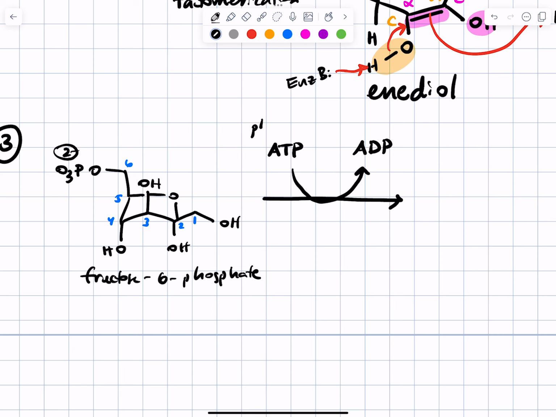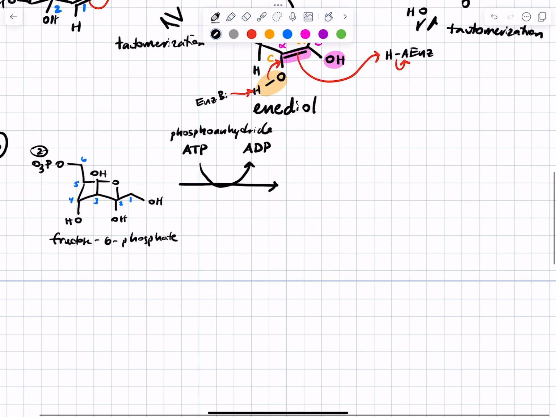Again, you're going to be converting a less stable phosphoanhydride into a more stable phosphoester. So you expect this reaction to be quite downhill in energy.